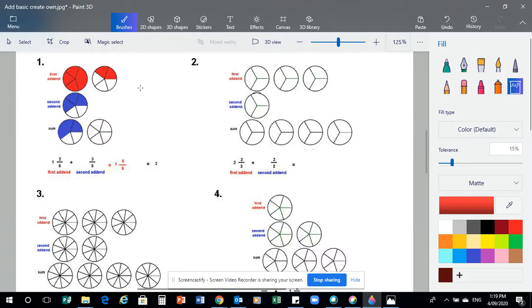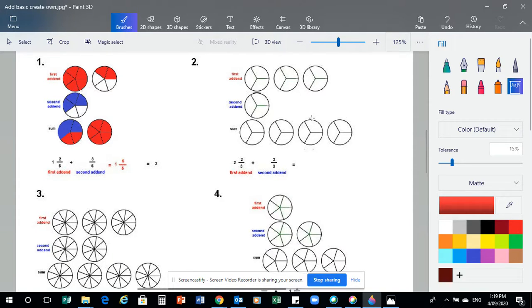All right, so I need to show 1 and 2/5. So here I have, luckily I've got 2/5 left over, so I've got 1/5, 2/5, and then I shade my whole. Okay, so all up, if I have 1 and 2/5 plus 3/5, in total I have 1 whole shaded, 2 wholes shaded. So that is why the answer is 2.